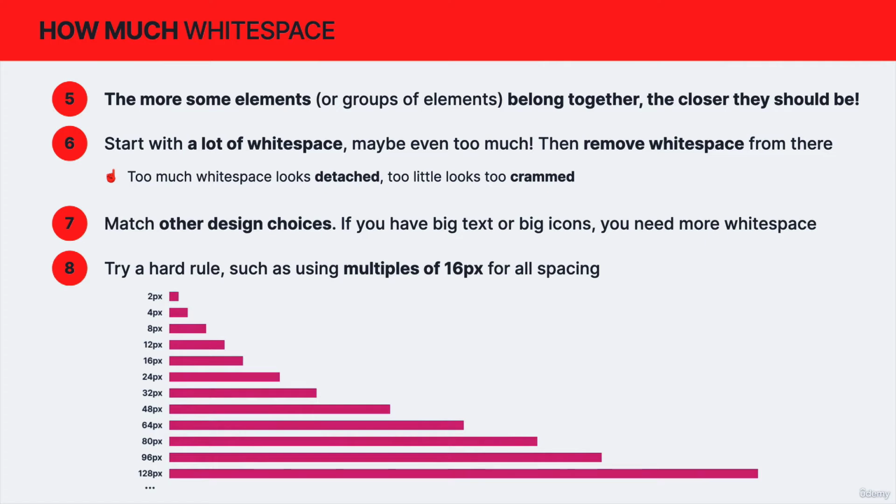So it's the same idea as before with the font sizes, where I mentioned that limiting your choices is actually a good idea. So it sounds like a limitation, but it's actually great, because having to constantly think about what spacing we want to use can be really tiring. But if we have a system like this in place, then we can just choose a value, and if that one doesn't fit, then we go for the next one.